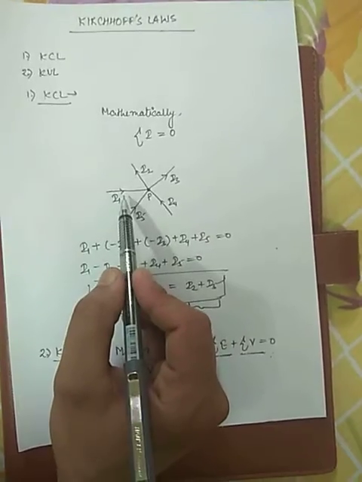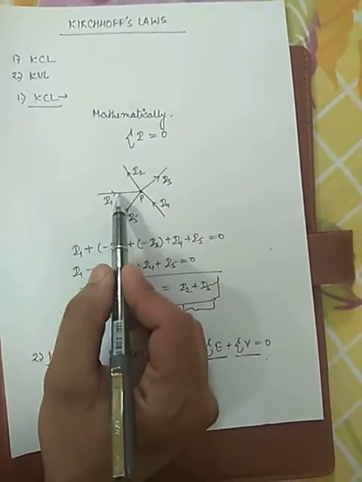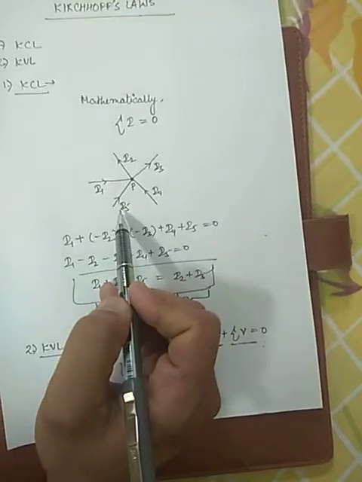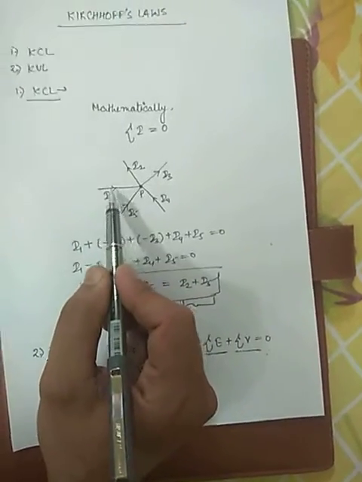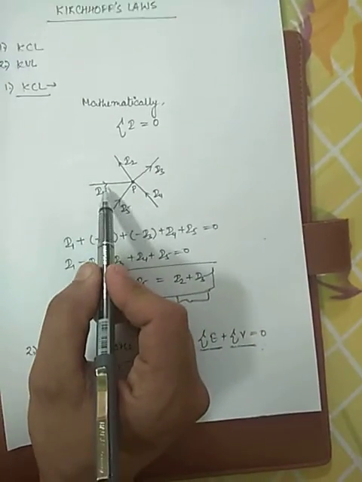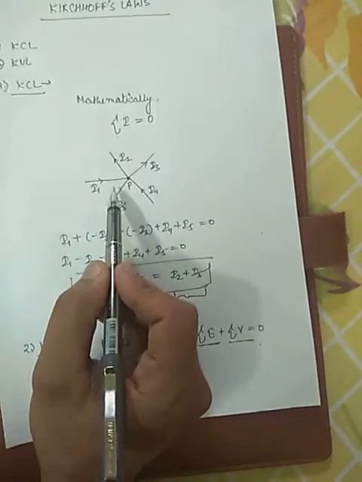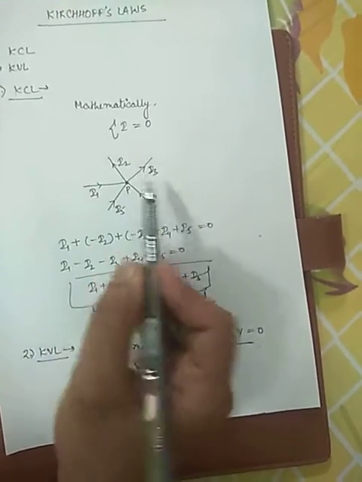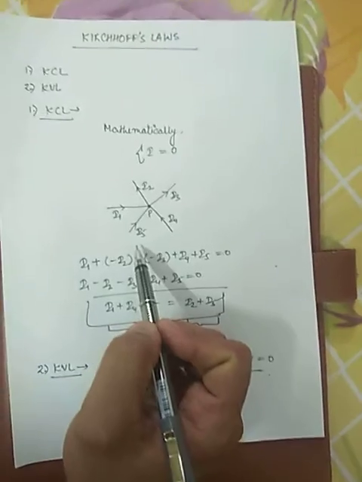On each branch a current flows, I1, I2, I3, I4, I5, and the direction is also mentioned, inward or outward. I1 is the incoming current, I2 is outgoing, I3 is outgoing, I4 is incoming, and I5 is incoming.